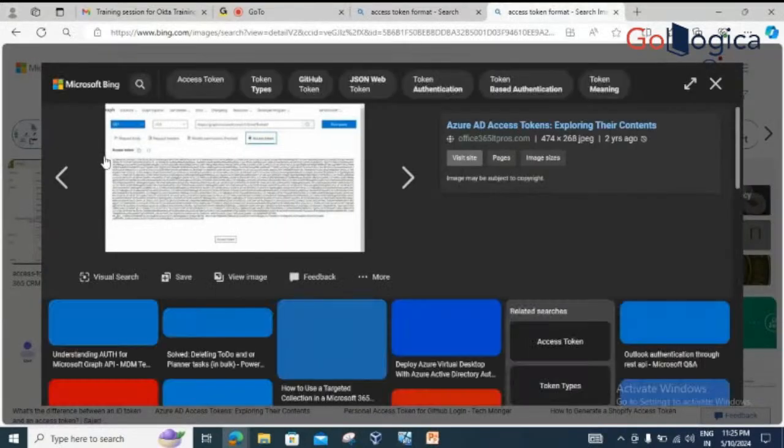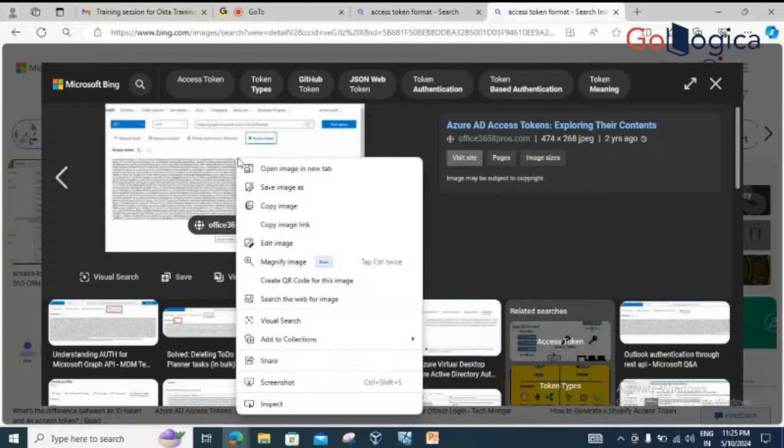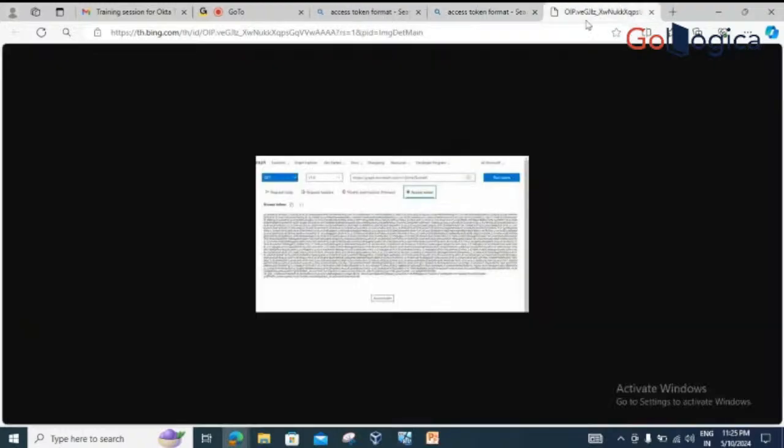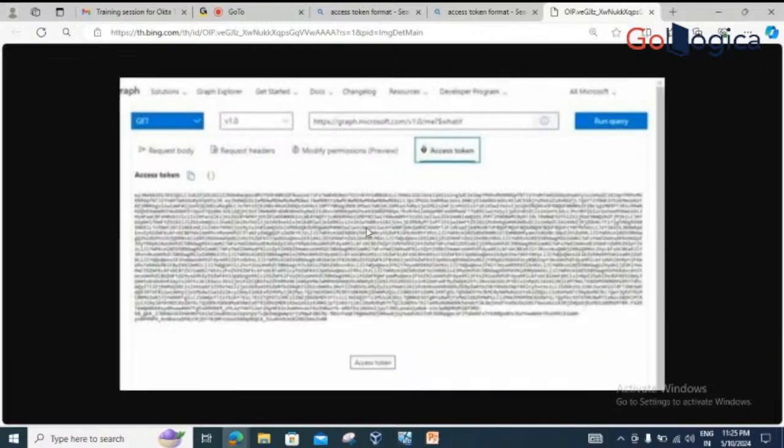It is in the format of these types of alphanumeric things. Now you are able to see that. A little bit blurry for you, I think.